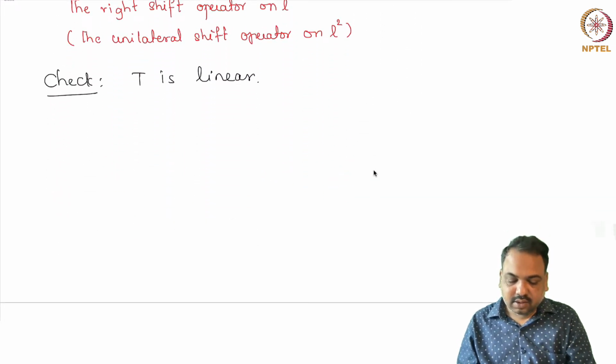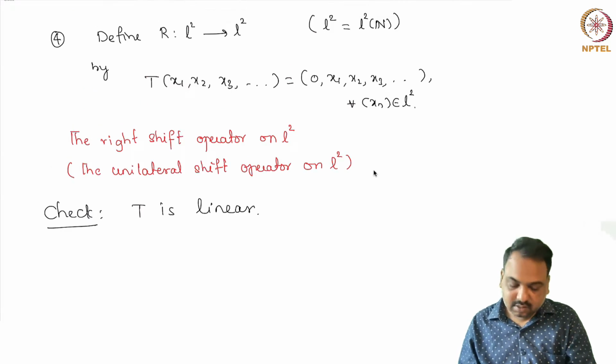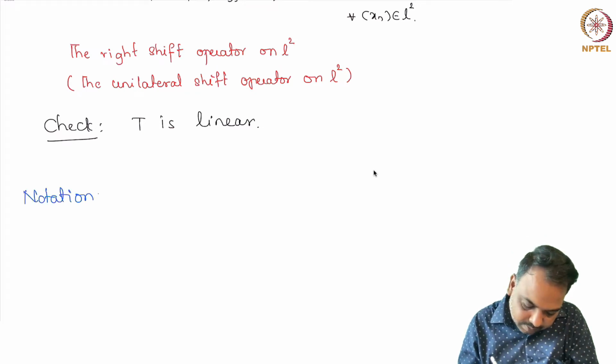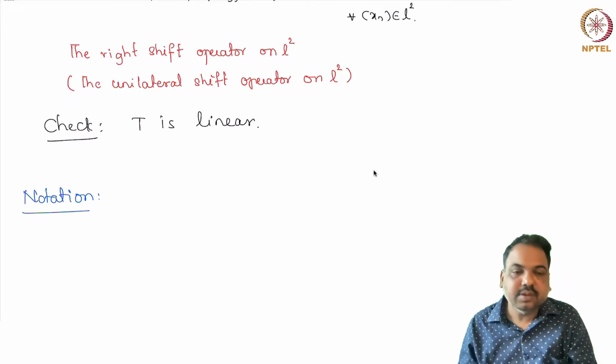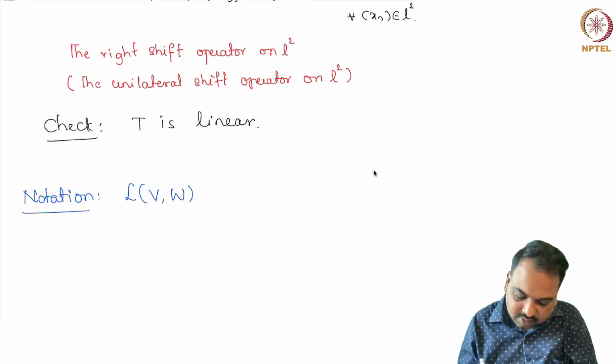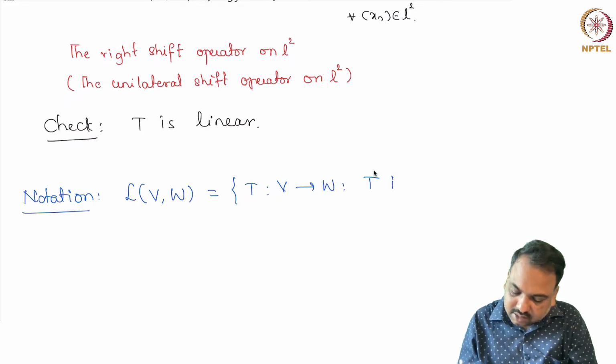Now one thing we can ask: let us fix a notation for linear maps. We denote the set of all linear maps from V to W by L(V,W). So it is the set of all T from V to W such that T is linear.